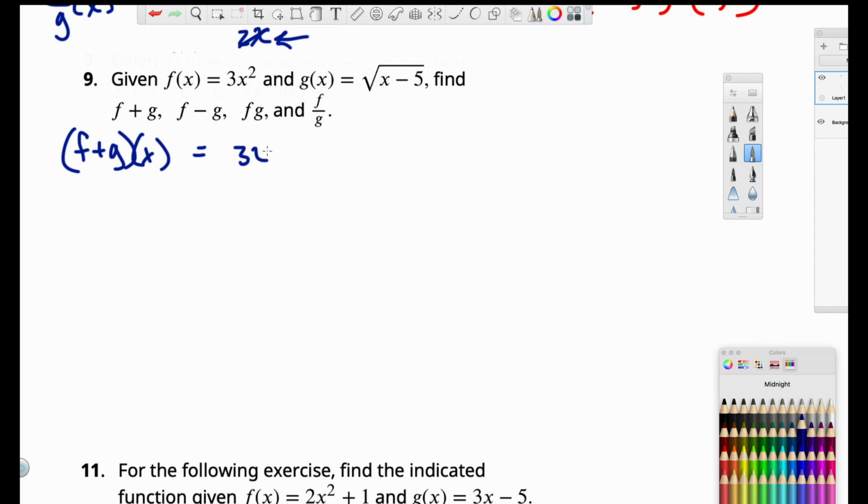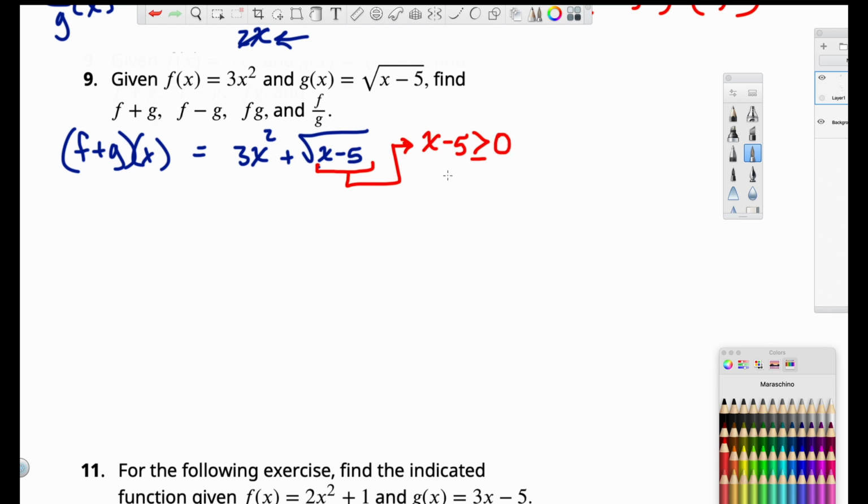So we've got to be careful when we see radicals. This is an even one here. So we could take the square root of 0, but we can't take the square root of a negative. So this quantity right here cannot be negative. This means that x minus 5 has to be greater than or equal to 0.